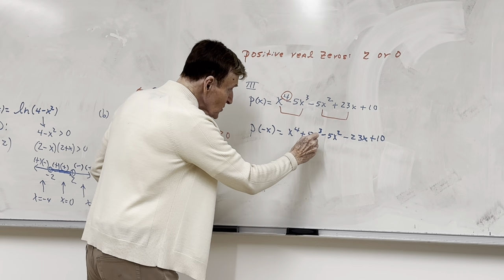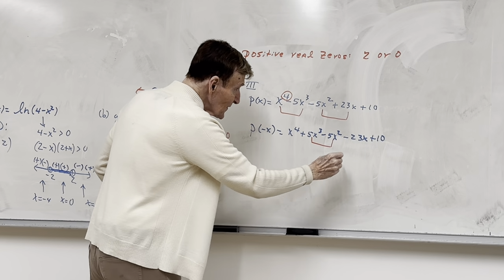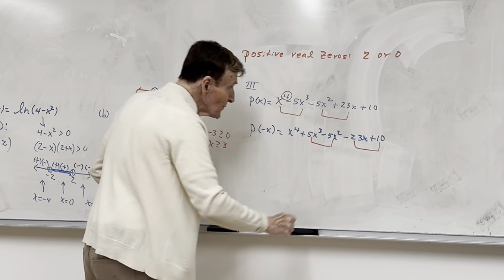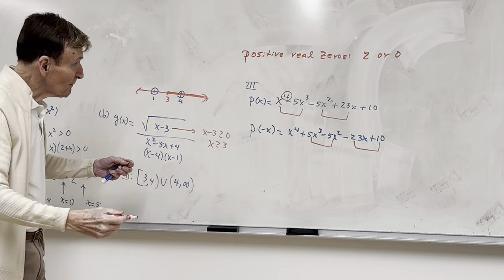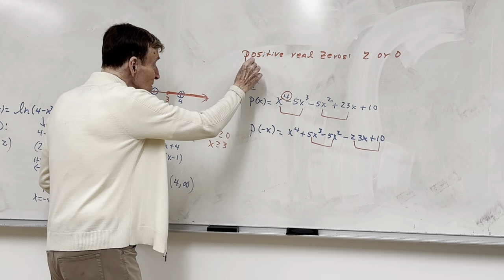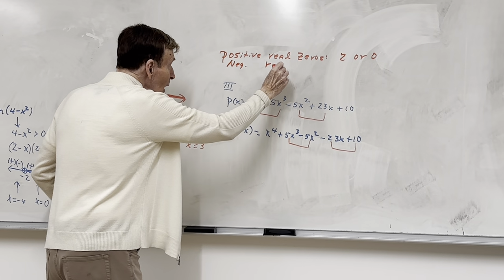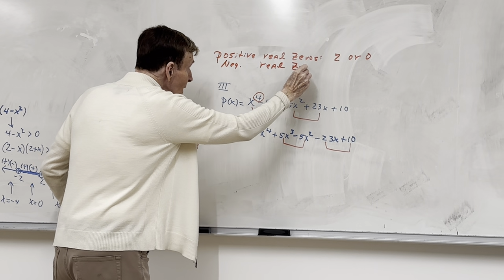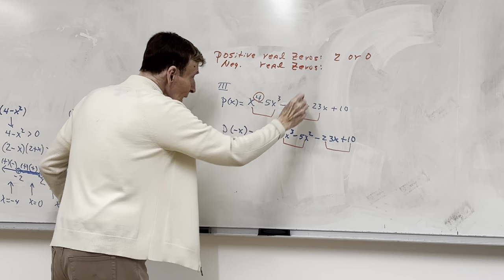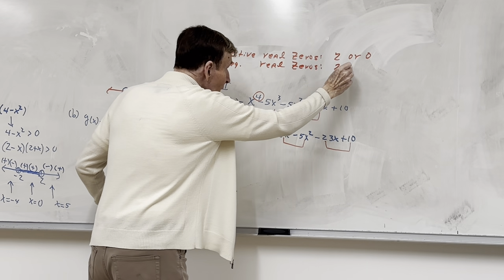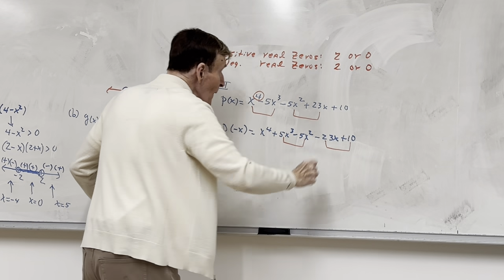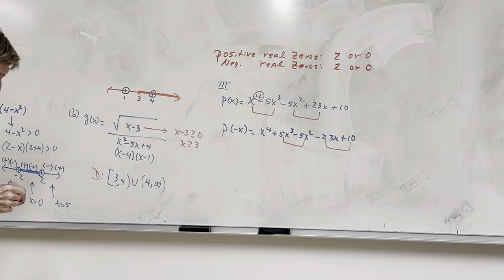Then count the number of sign changes there. The first sign change I see is here, and there's another one here. So for the number of negative real zeros, again, 2 or none. Okay. Now, how am I going to find them? P over Q, the rational zeros.